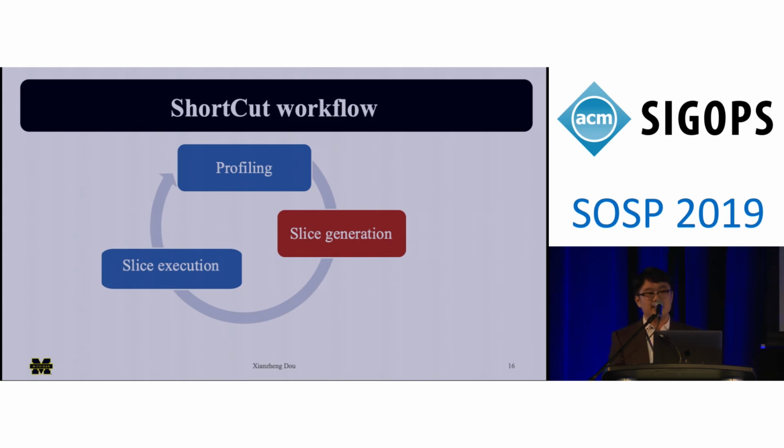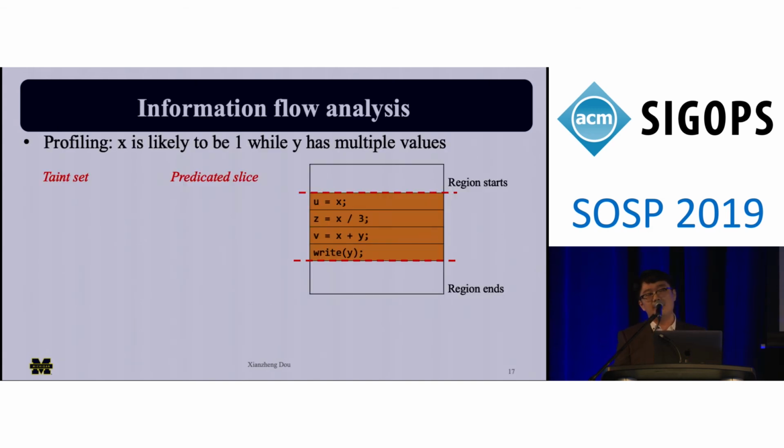After this information is gathered, we will use Intel Pin to generate those slices. Imagine that the profiler tells us that X is likely to be 1, but Y has multiple values from the profiling set. Therefore, we can add a predicate for X being equal to 1 and taint Y. Afterwards, instructions only affected by X don't have to go into the slice, because their result can be memoized.